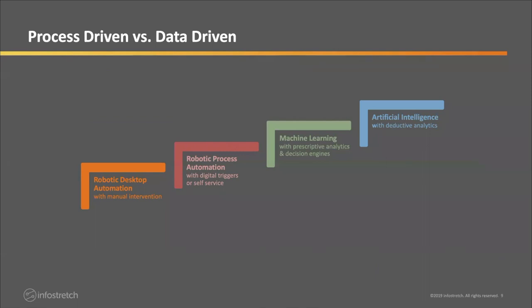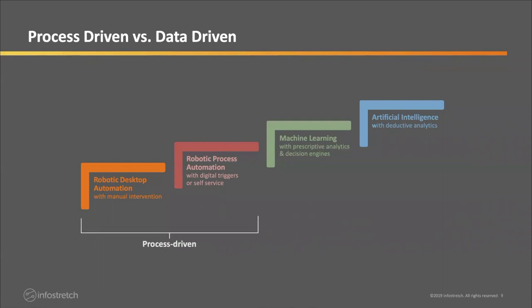We have seen robotic desktop automation is something where there is a lot of manual intervention, running macros, correlating those macros, to robotic process automation, which I just talked about, creating a digital workforce, automating your business processes which are well defined, to machine learning, understanding your decisions and operationalizing them, and then the last, which is artificial intelligence, where machines can start making decisions for you.